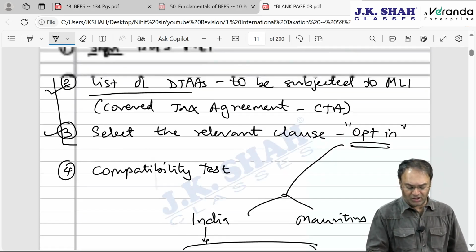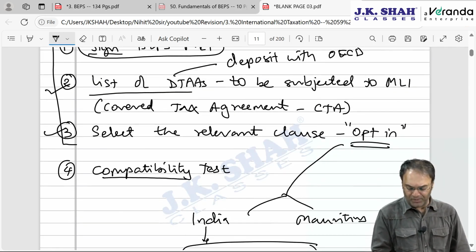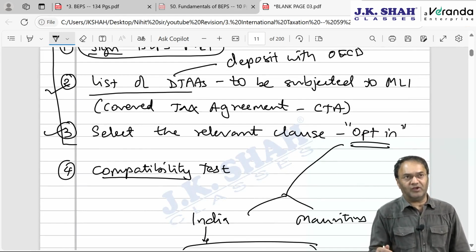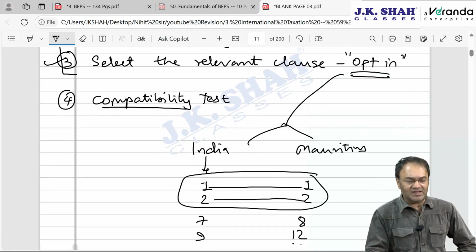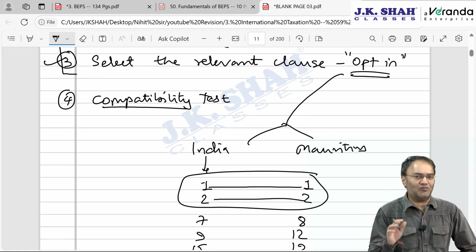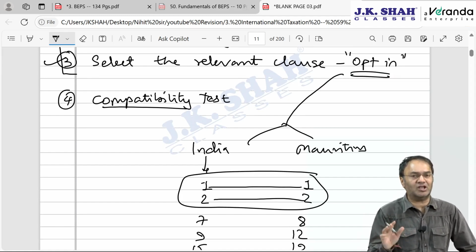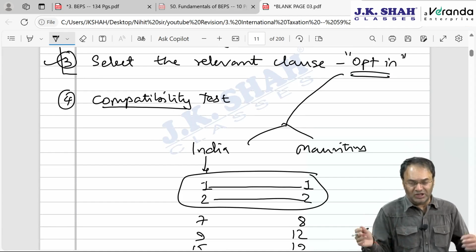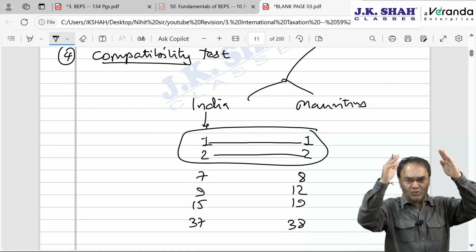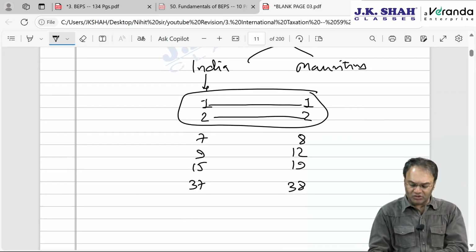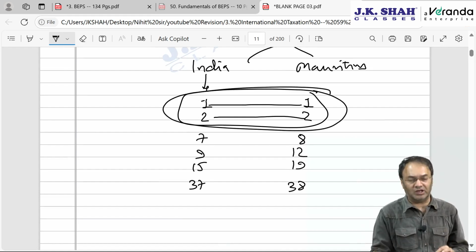So all the 3 conditions will be subject to the compatibility test. Both the countries have to do this. What is the effect? India will not have to incur expenditure, Mauritius also will not have to incur expenditure. Without incurring expenditure or meeting each other, by submitting it to OECD, they will get so and so clause applicable to the treaty.